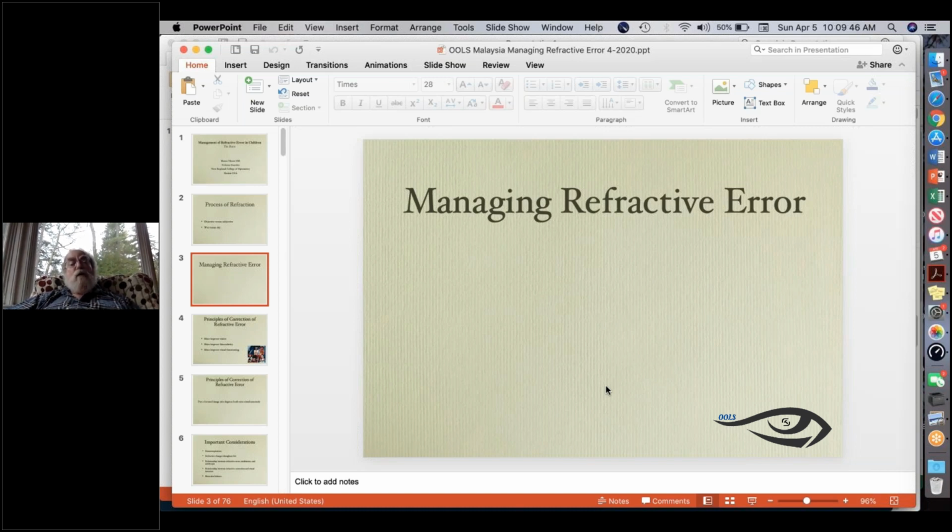The final type is refractive amblyopia due to refractive error that may be bilaterally very high, which is called isometropic amblyopia, or it may be unilateral, where there is a greater degree, typically, of hyperopia and/or astigmatism in one eye. That is an easier condition to treat than the strabismic, and strabismic is easier to treat than deprivation.